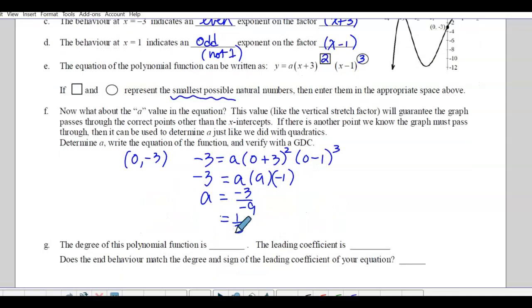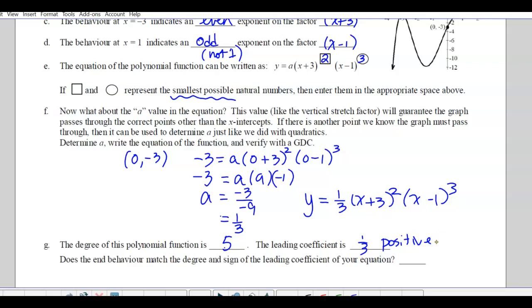Okay, so now rewrite your equation. Okay. Degree of this is 5, right? Squared and cubed. Oops, that didn't work. And the leading coefficient is 1/3, which is positive, right?